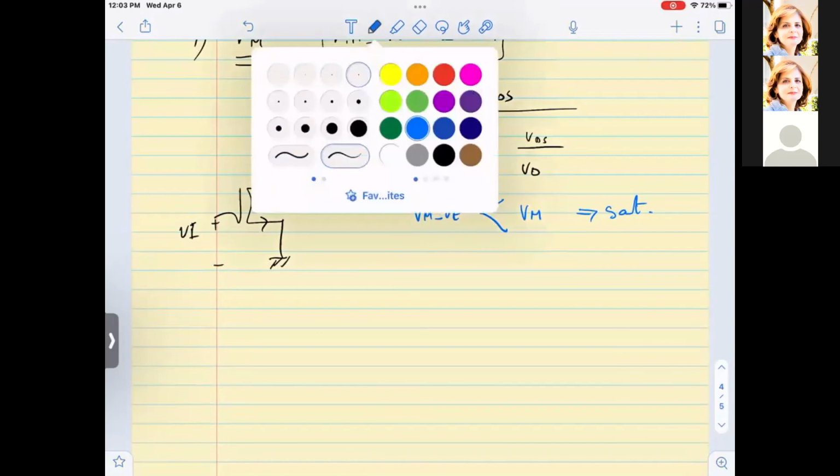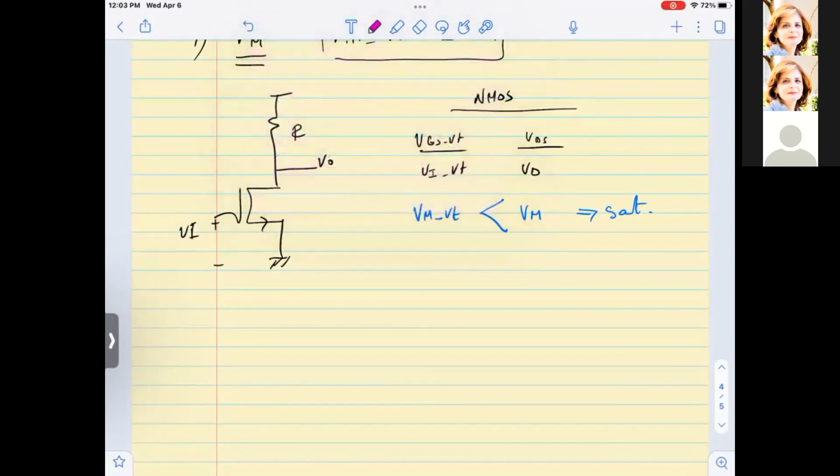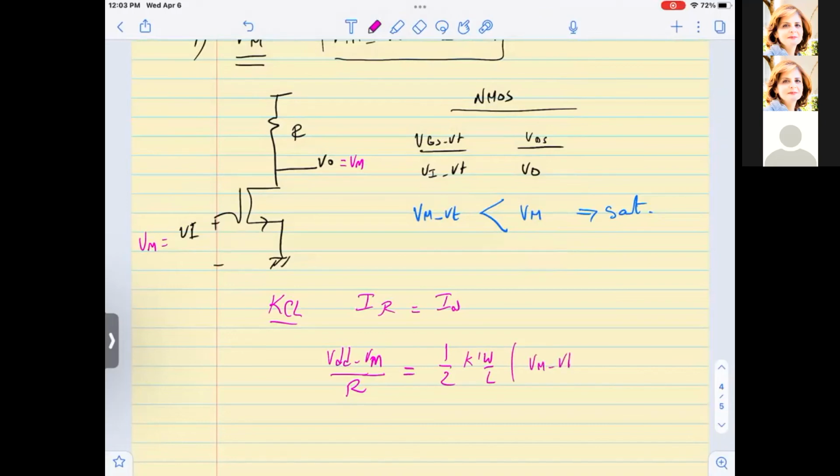By KCL for this problem, we are going to say that IR equals IN. IR هي VDD minus VO على R بس VO هي VM والVN هي VM. This is equal to the transistor in saturation، يعني هيدي هي half K prime W by L ضرب VGS minus VT اللي هي VM minus VT كلها squared.